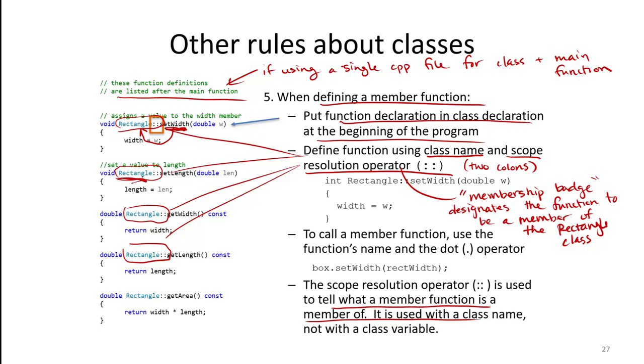Finally, notice if you check back in our earlier main function, we see that to call a member function, we use the function's name, setWidth, and then we use the object we want to call the function on. So we have the object that we're calling on, we have the function name setWidth, a dot operator in between, then we plug in any arguments.